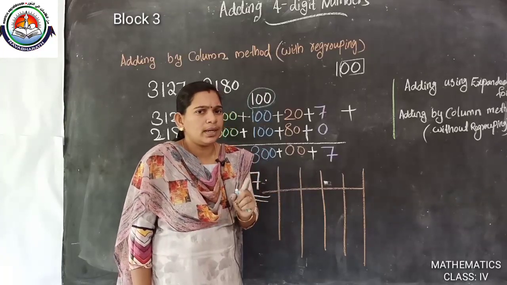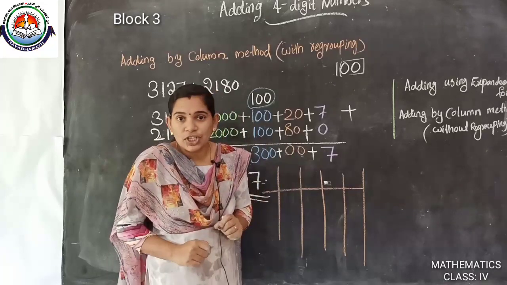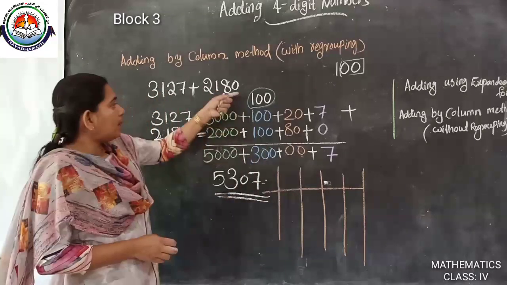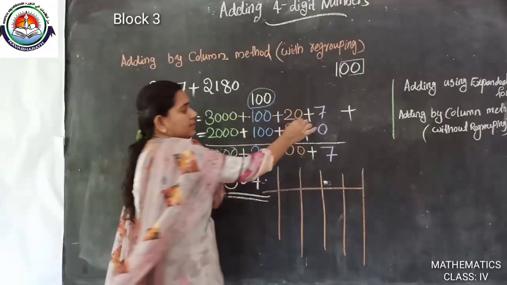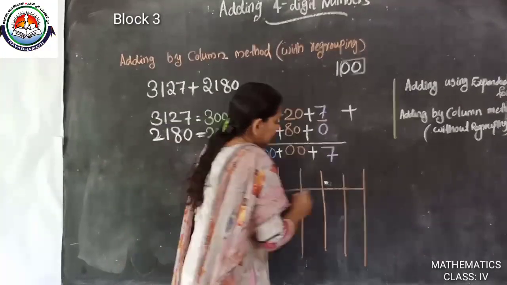And remember, in the first chapter we studied using the place value chart. So we place these numbers. In ones place, which digit? 7. So we write 7 here.